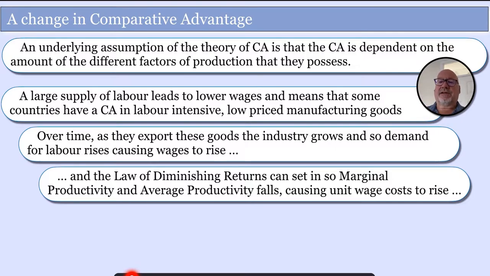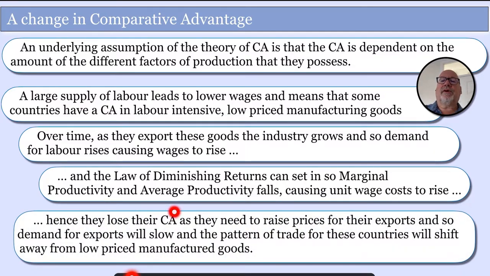In addition to that, you could bring in the law of diminishing returns, which means basically that as an industry grows, then what's going to happen is their marginal and finally their average product starts to fall. So putting those two together, the wages rising and the productivity falling, you're going to find that the unit wage, the cost of producing one good, starts to rise, and therefore they lose their comparative advantage.